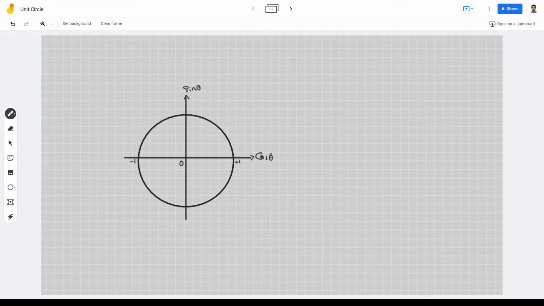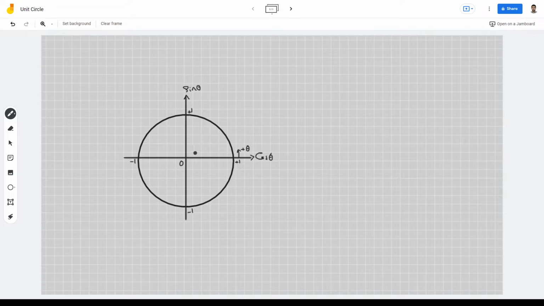So for the cos axis, here is the origin, positive 1, negative 1. If you look at the sine axis, here is the origin, here would be positive 1, and here is negative 1. Theta starts from the horizontal axis, the positive cos direction. This would be the positive direction for theta, which is counterclockwise.